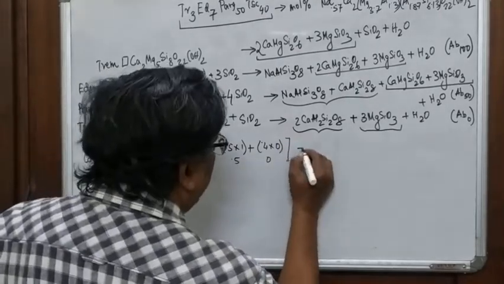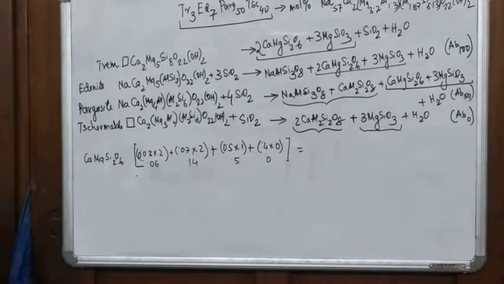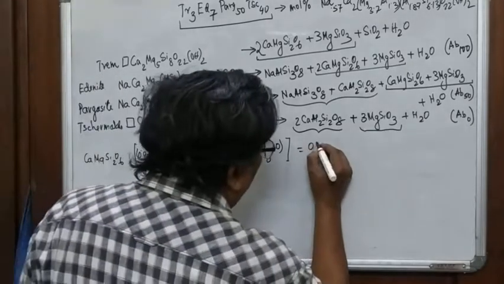So CaMgSi2O6 would be 0.7. Yes, it's 0.7.